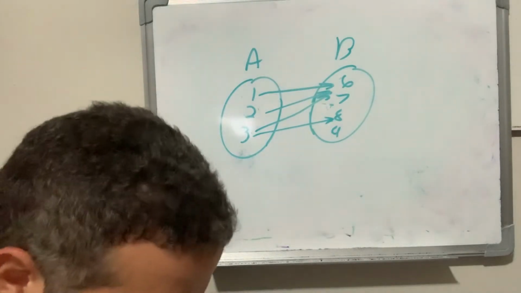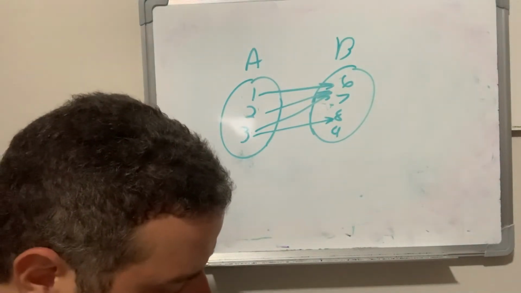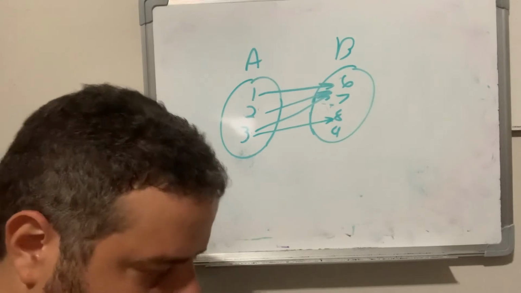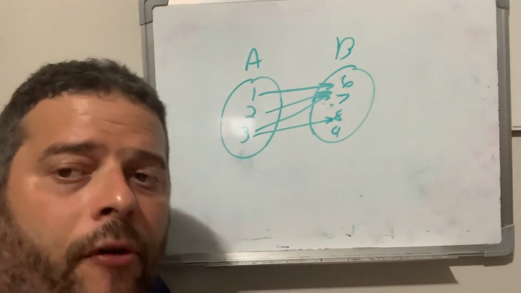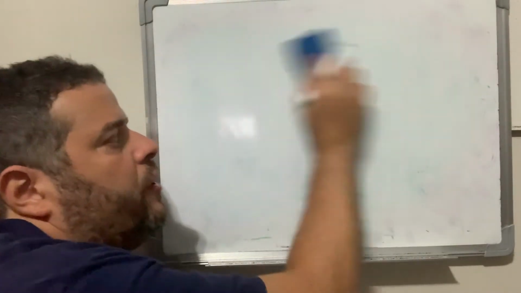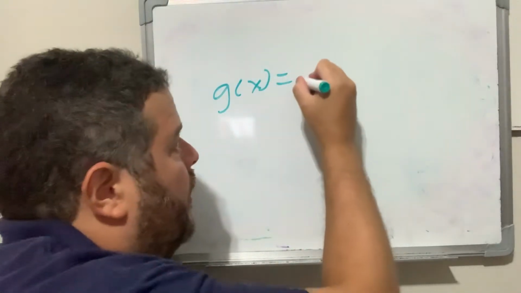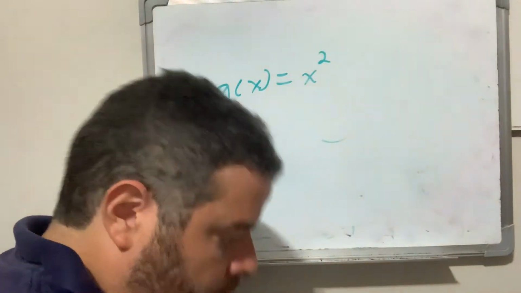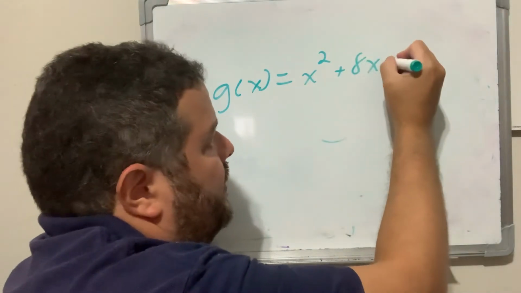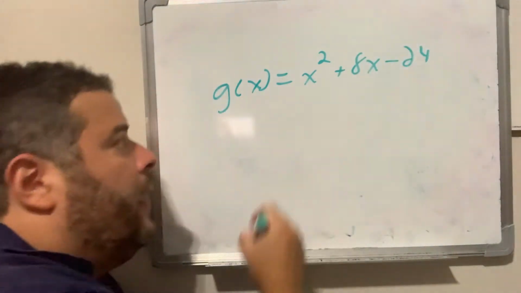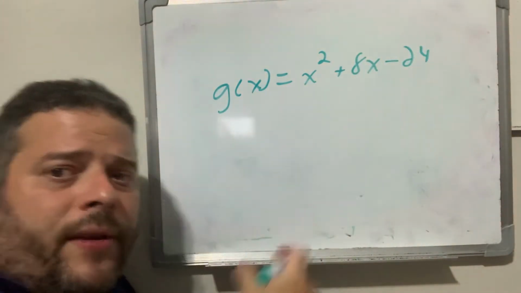Okay. Now that we've gone over the relations that are functions, let's talk about example 4, how to find function values. Okay, pretty straightforward. Again, let's say, for example, I'm told g(x) equals x squared plus 8x minus 24. And I tell you, there are a couple of ways you can be asked.